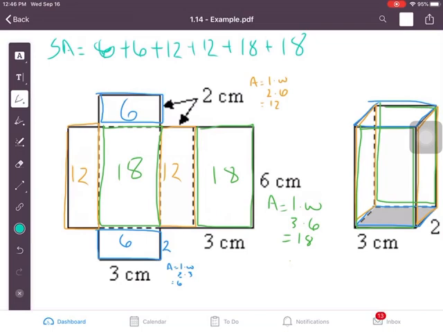So we add all those together, 6 plus 6 plus 12 plus 12 plus 18 plus 18. That's going to give you 72.